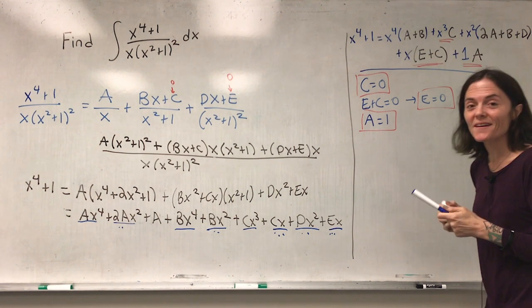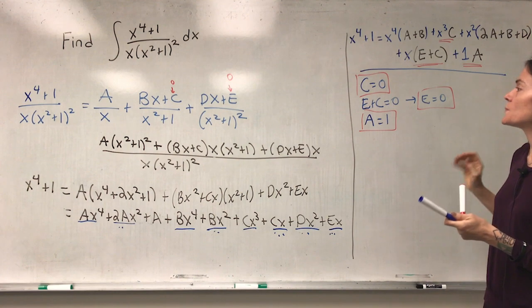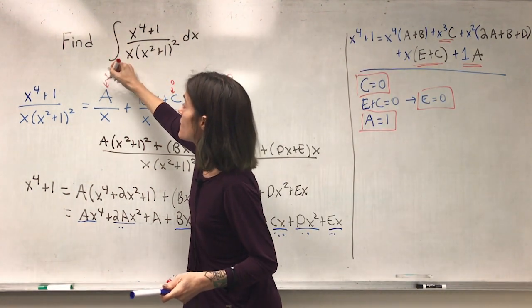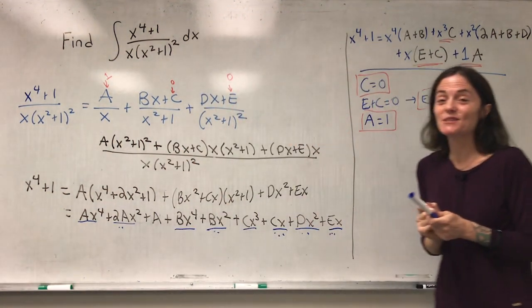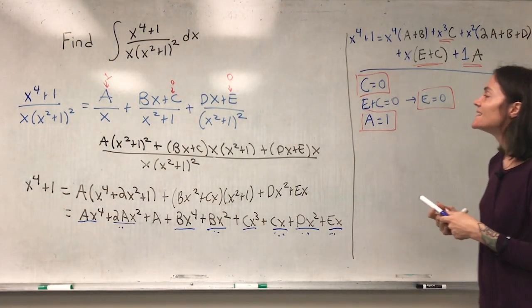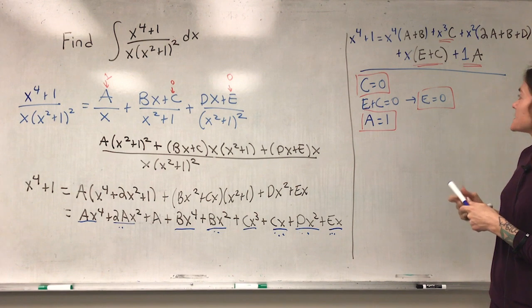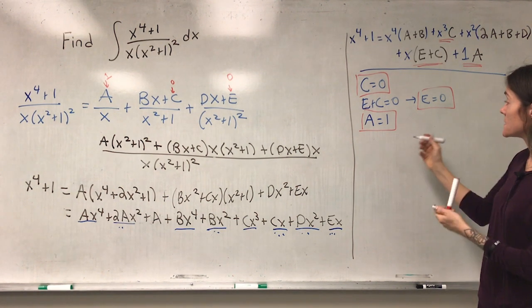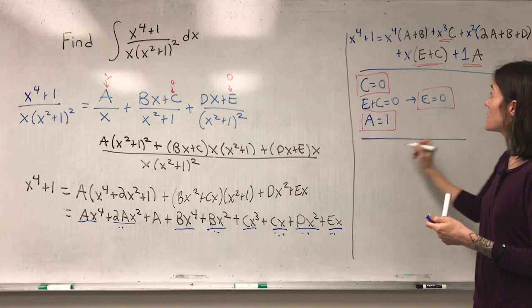And there are 2 more equations that come out of this, but you see I've already determined 3 of my coefficients, and I only have 2 left I need to worry about. Okay, this is very nice. So now I will write the remaining 2 here.